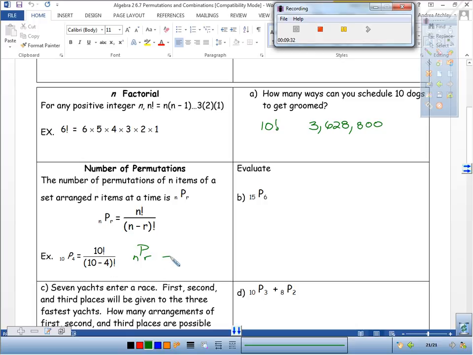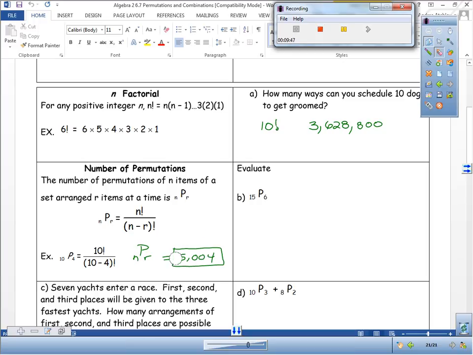Did we get an answer for this? 5,040. You're going to enter the number 10 first, then you're going to hit your button, then you're going to hit the number 4.